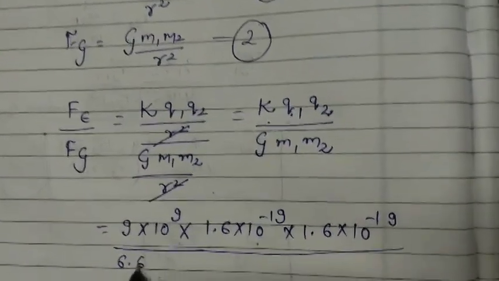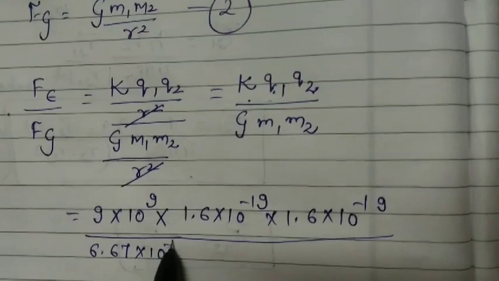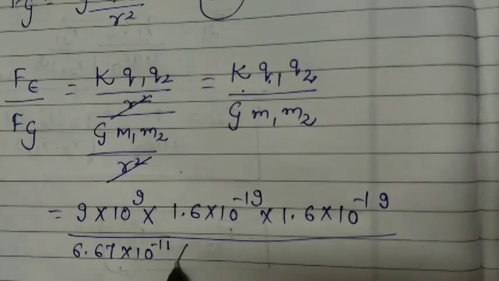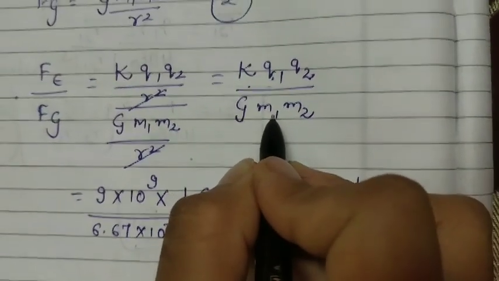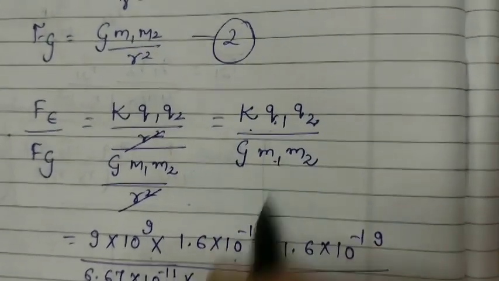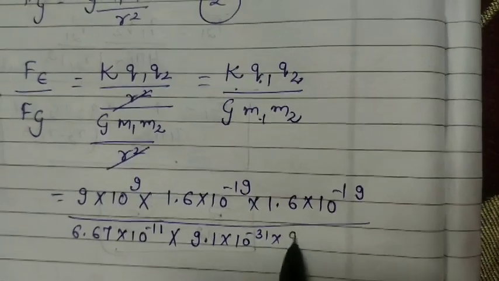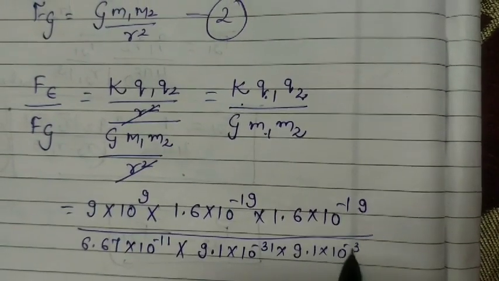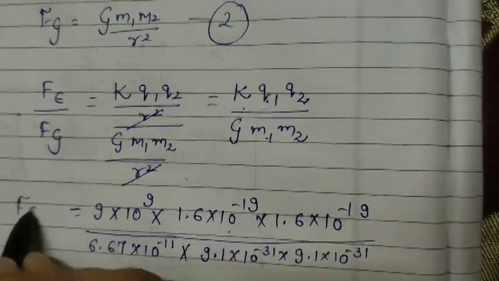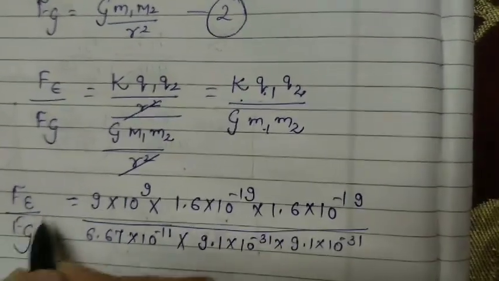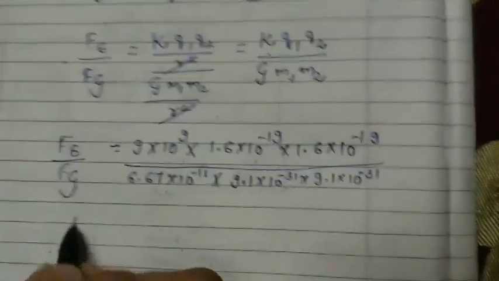Its value is 6.67 into 10 raised to power minus 11, and m1 is the mass of the electron, 9.1 into 10 raised to power minus 31. And then the ratio becomes electrostatic to gravitational force.